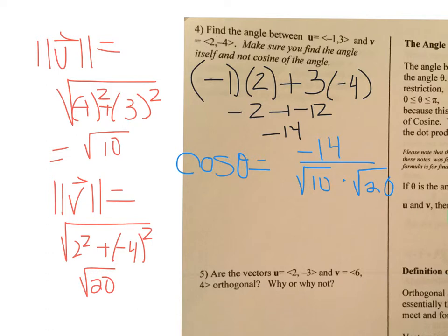You should get a decimal of negative 0.989949. So what I'm going to do is arc cosine that number.